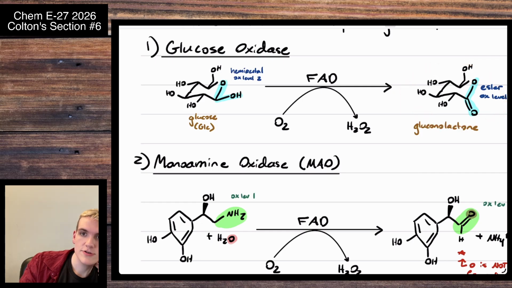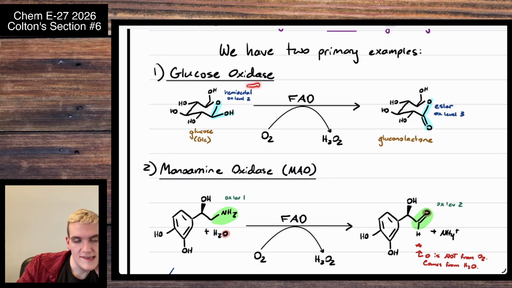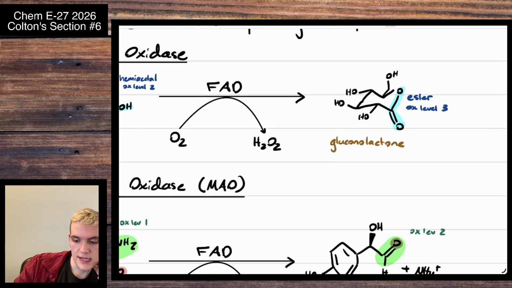If we look at functional groups and oxidation level, we start off with a hemiacetal, an OR and an OH attached to the same carbon. This carbon is at oxidation level 2 because we have 2 bonds to electronegative atoms. We are going from this hemiacetal at oxidation level 2 to an ester at oxidation level 3. So we went up oxidation levels, we did a redox reaction, and we oxidized it.